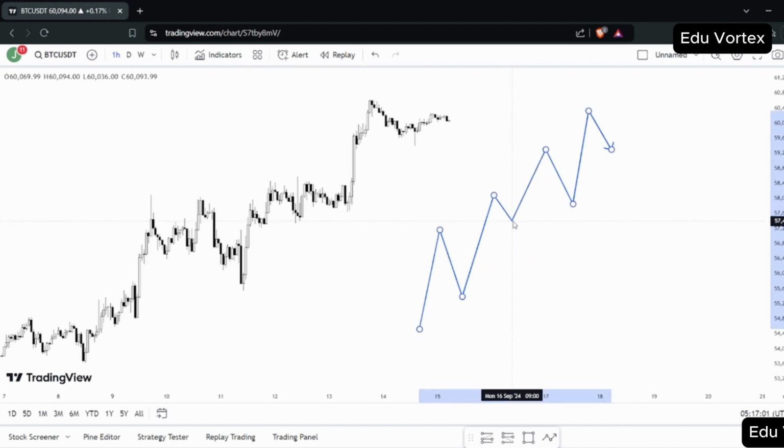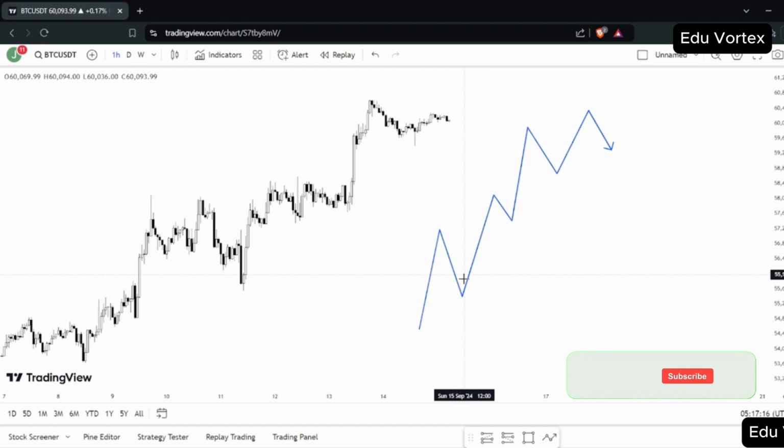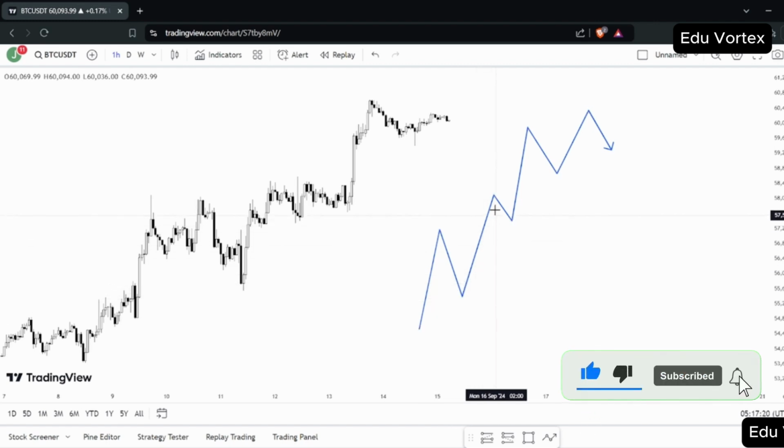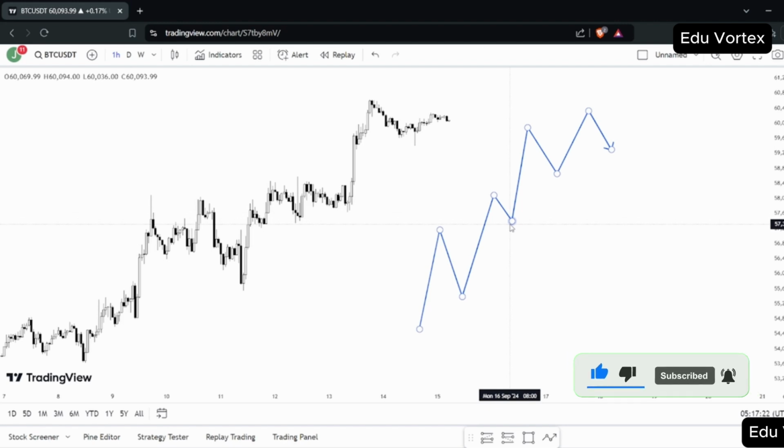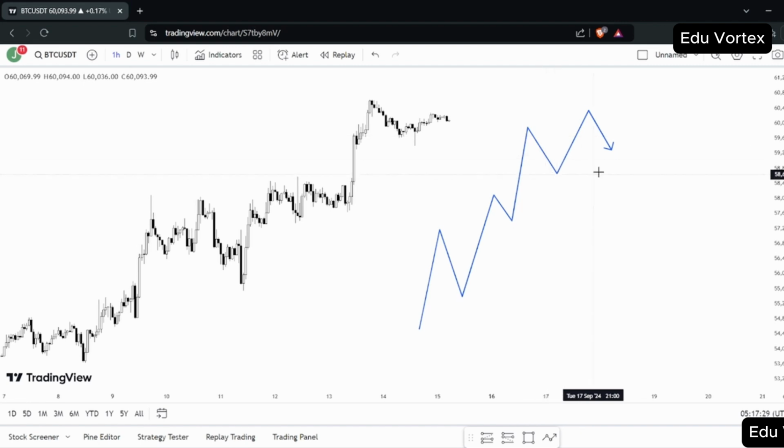Sometimes it might retrace like this, okay? But overall, the point is not how long the retracement is. The point is seeing the structure, that is the impulse, to the retracement, and from the retracement, the next impulse. Okay, that's our structure.